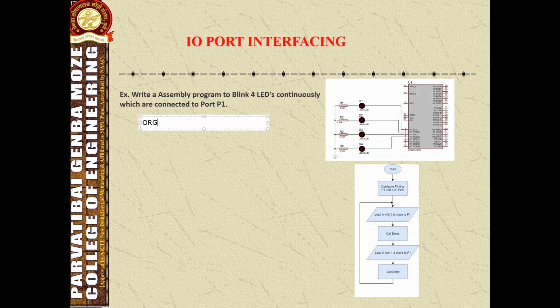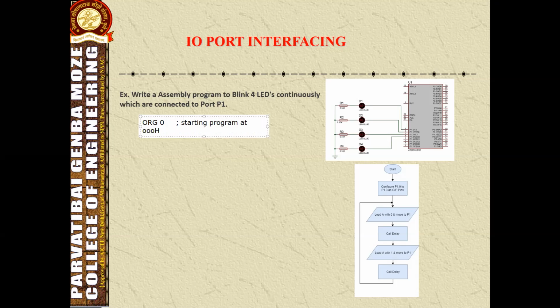The first command we have to write is org 0. Org 0 is nothing but the memory location from which we are going to write the commands. It means starting our program at 000H.